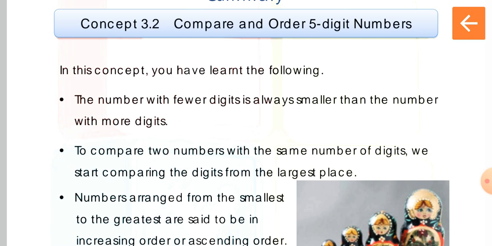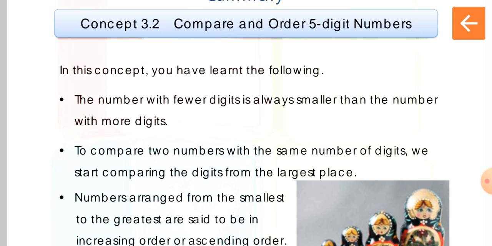Now, to compare two numbers with the same number of digits, we start comparing the digits from the largest place. So, if the two numbers have the same number of digits, that means if both 3-digit numbers are given to compare, then you have to start the comparison from the largest place.